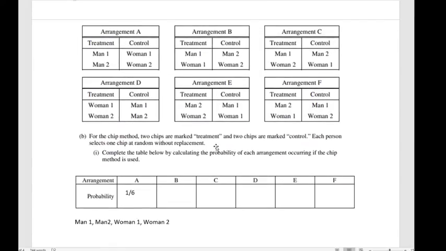All right, arrangement B. Our probability for man 1 is going to be 1/2 as before. The probability for man 2 is going to be 2/3 because we've got 2 chips left for the control. So that's going to be 1/2 times 2/3 times 1/2. So for that one, we are going to have a probability of 1/6.